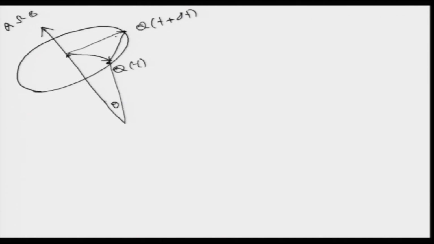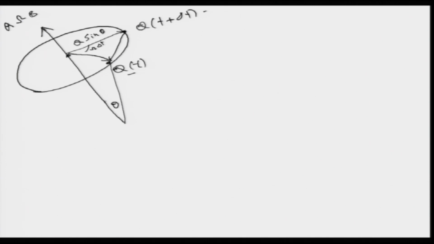At time t it is here, and at time t plus del t it is there. Let us look at how much distance it has traversed from here to here. This angle is omega into del t, the small angle it has moved. And this radius is q into sin theta.